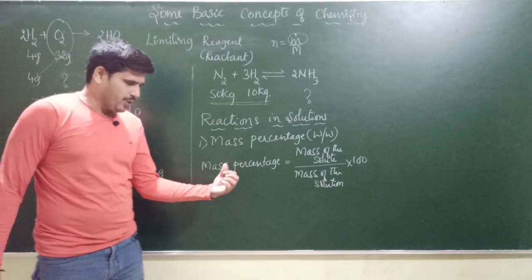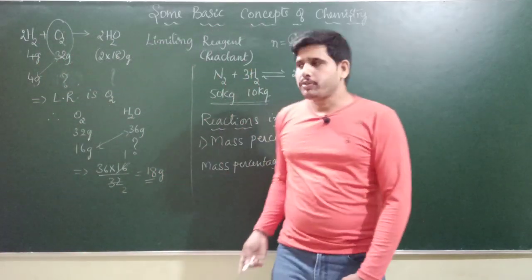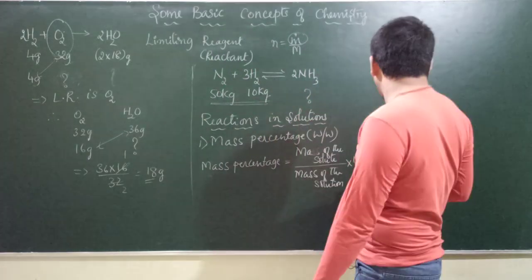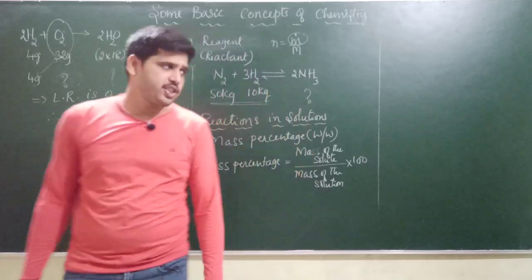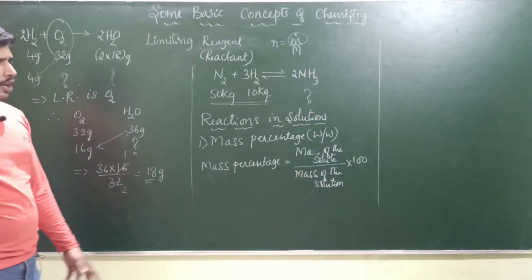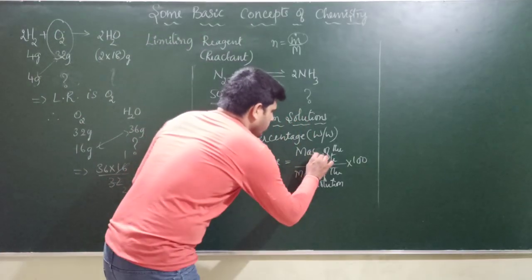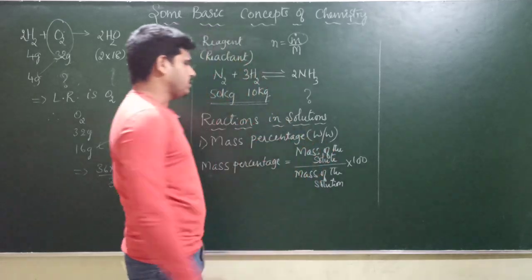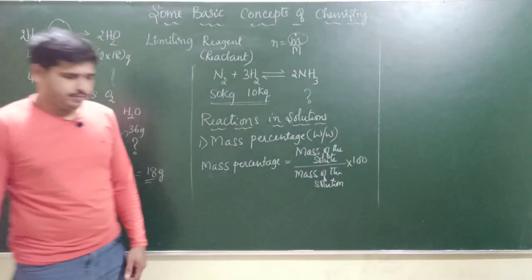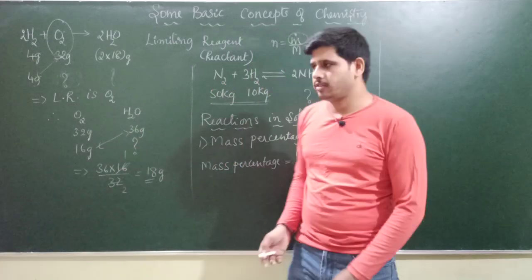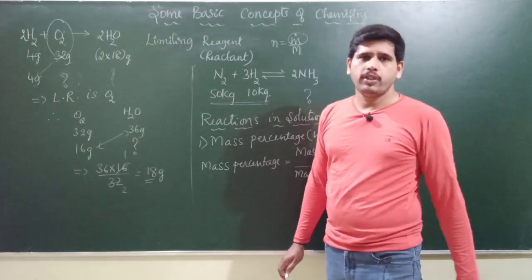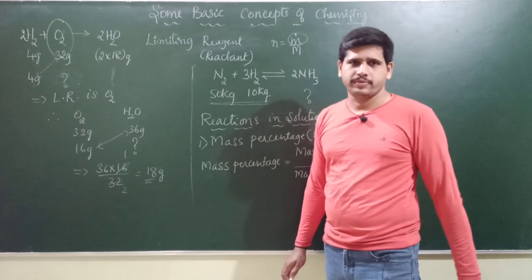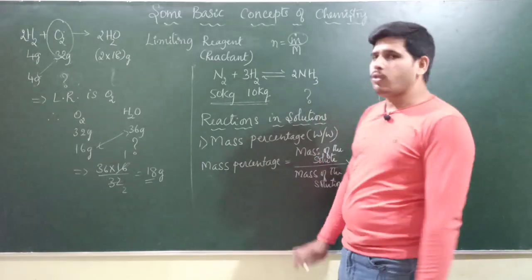Hope you can do this problem if it is given. Let us talk about one example of mass percentage calculation. Imagine 4 gram of urea is dissolved in 60 gram of water.